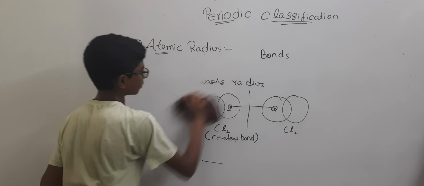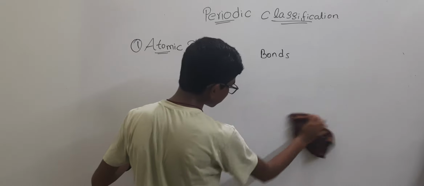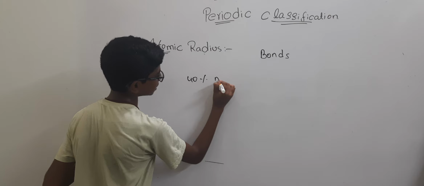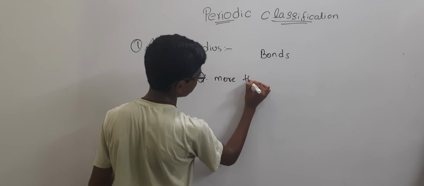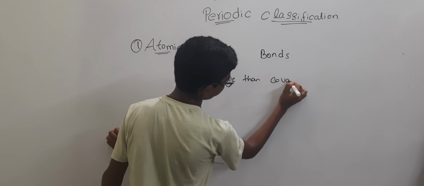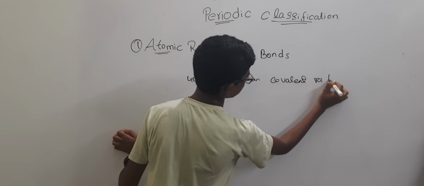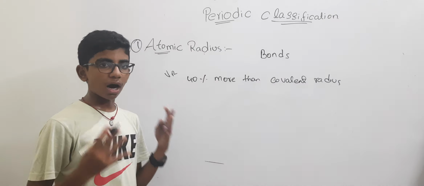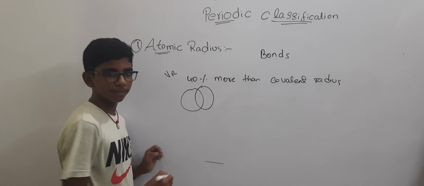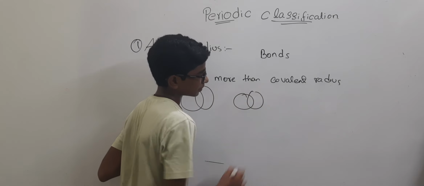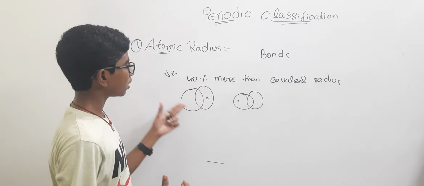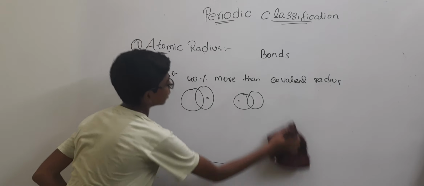First, one important point is that the van der Waals radius is 40% more than the covalent radius, because in covalent bonds the atoms are overlapping each other, but in van der Waals the atoms are much farther from each other, so it is 40% more than the covalent radius.